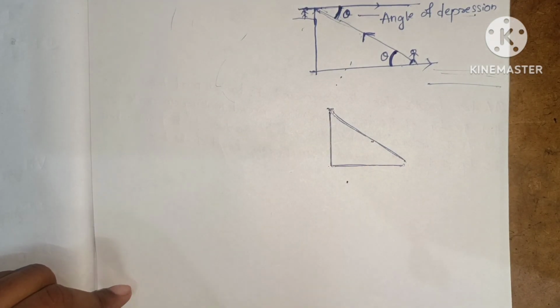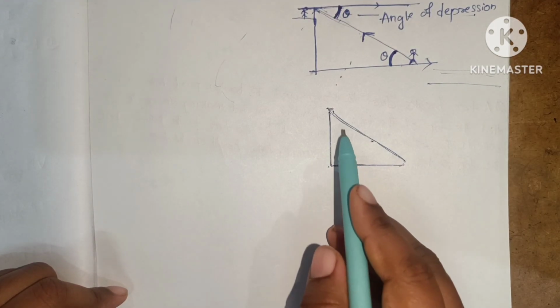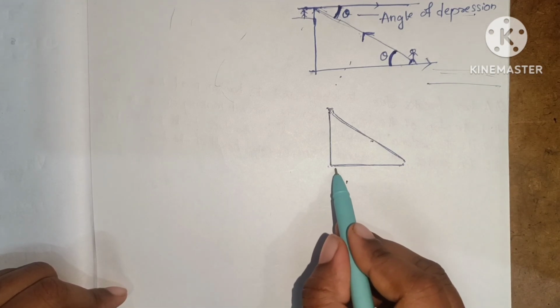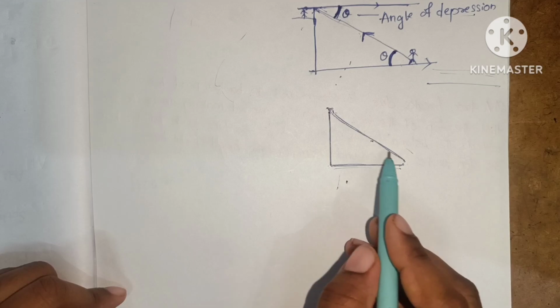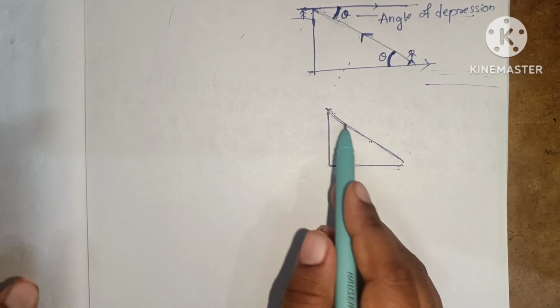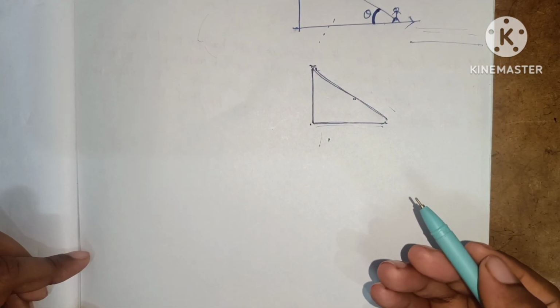You have to read the question, and if it says height of the pole, draw a straight line. If road or river, draw this line. And if they say tie a rope from the height to the ground, then you have to draw one slant line. Sometimes they give a slider in the playground.